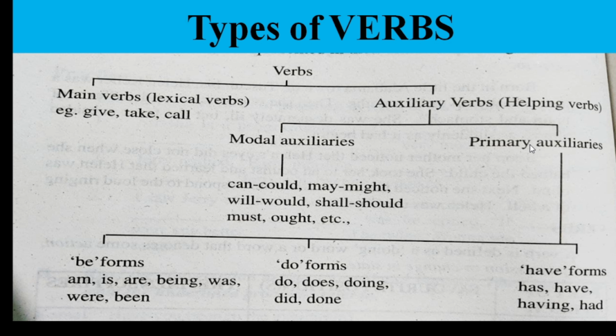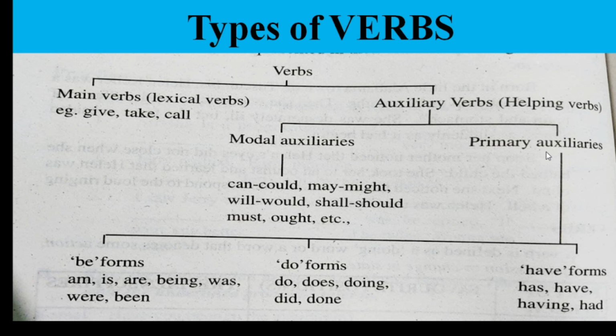What are the modal auxiliaries? There are around 13 modal auxiliaries in the English language. They are can, could, may, might, will, would, shall, should, must, ought to, etc. We can also add some more modal auxiliaries.